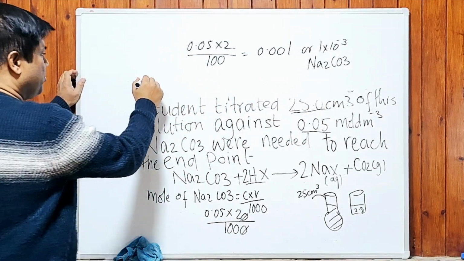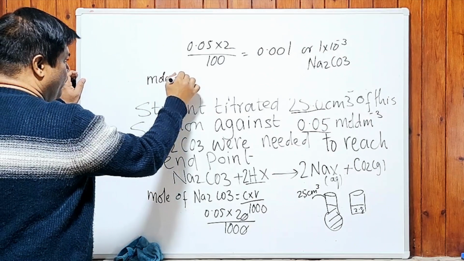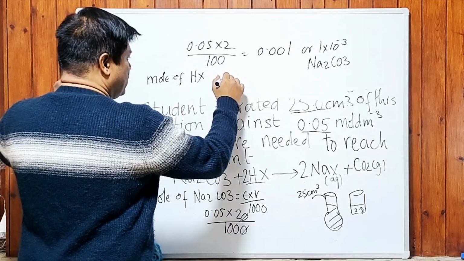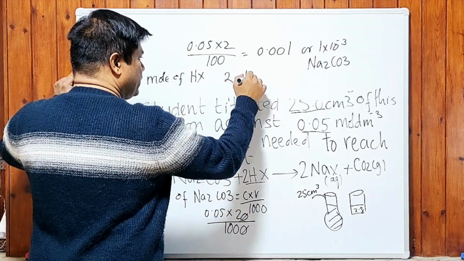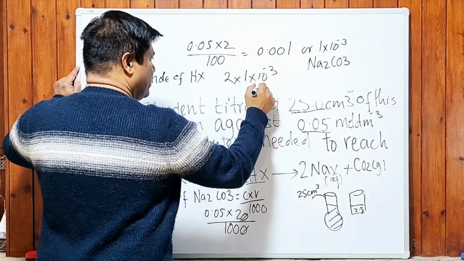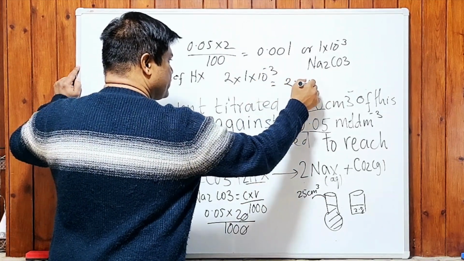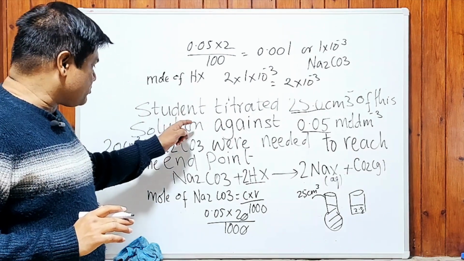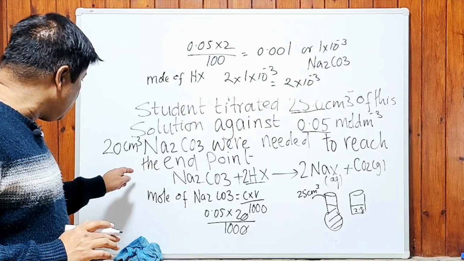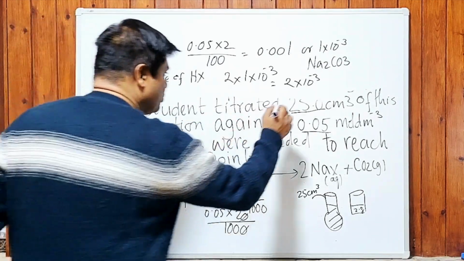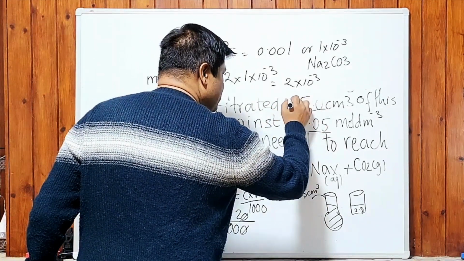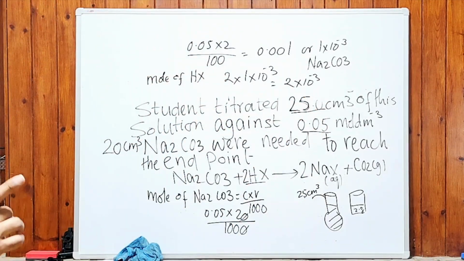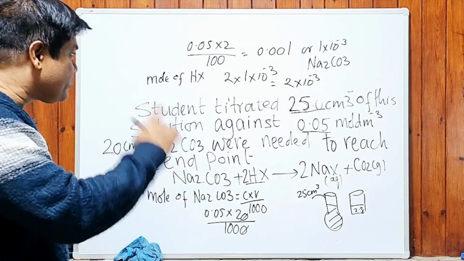So moles of HX is 2 into 1 into 10 to the power of minus 3, which is 2 into 10 to the power of minus 3. That's the mole of HX when we use only 25 centimeter cube. But the student made a solution up to 250.